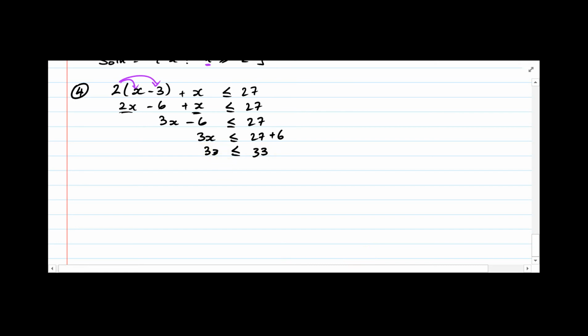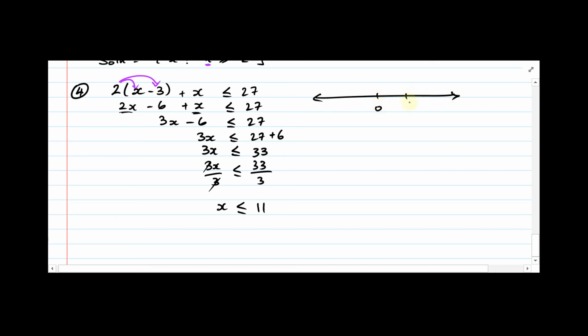And solving for x, we're going to be dividing by a positive number, so no change to the inequality. We end up with x is less than or equal to 11, and so we would have our graph.